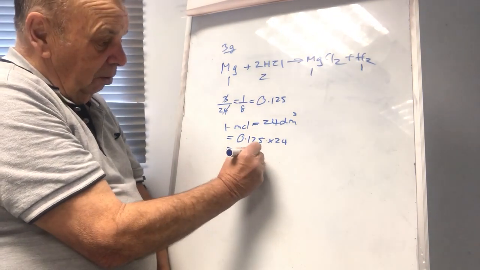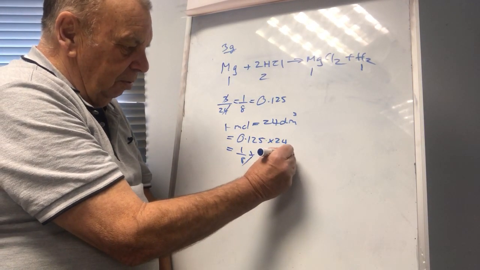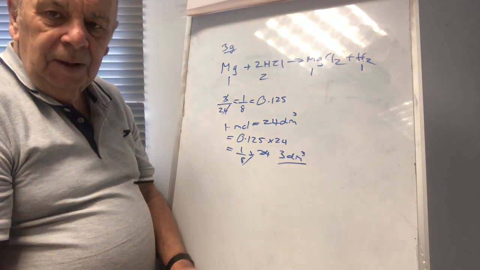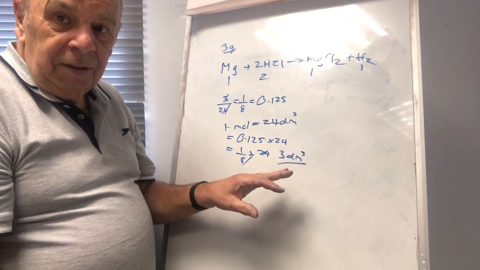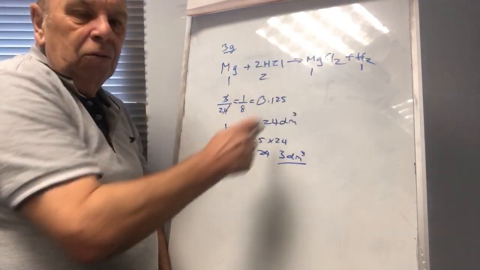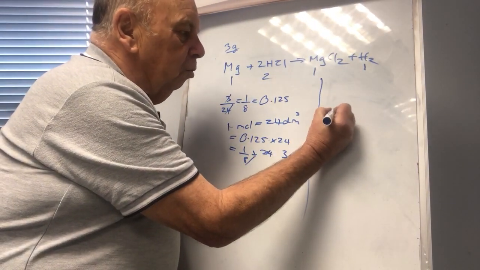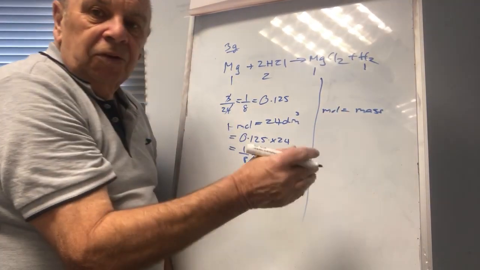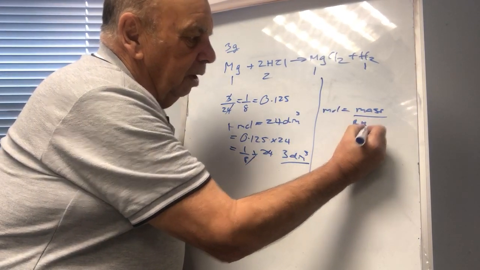I'm doing this in longhand, labouring it, and that goes 3 times, so therefore it occupies 3 dm cubed. I've been through it quite slowly, and basically the only stuff you have to remember is how many moles are there, and don't forget the equation. The number of moles is equal to the mass of the reactant of the substance divided by the relative molecular mass.